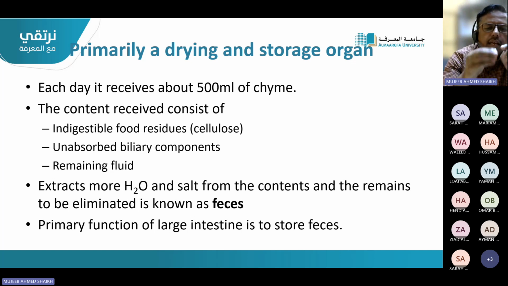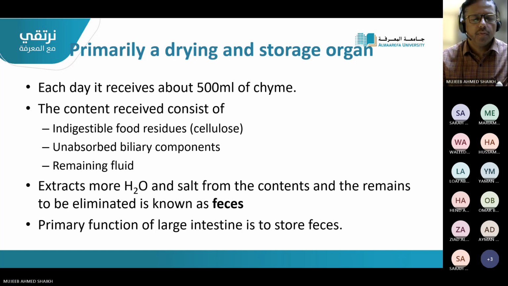Large intestine contains the chyme, which is nothing but the feces, having undigested food which is not possible for the human body to digest, as well as some unabsorbed bile salts and very little water. Out of that, again, 350 ml of water will be removed before the feces is thrown out of the body by defecation.